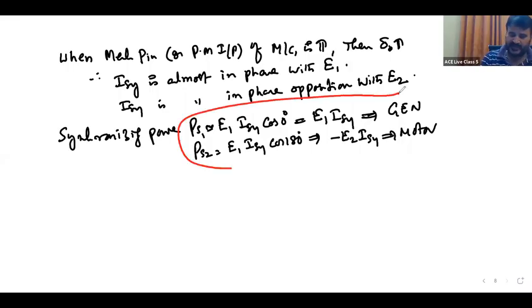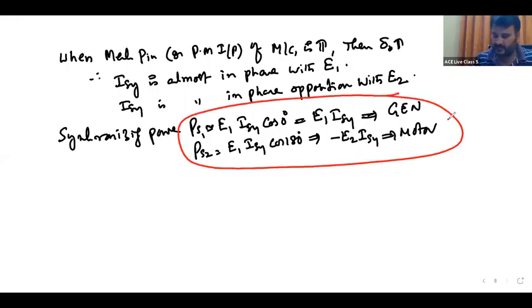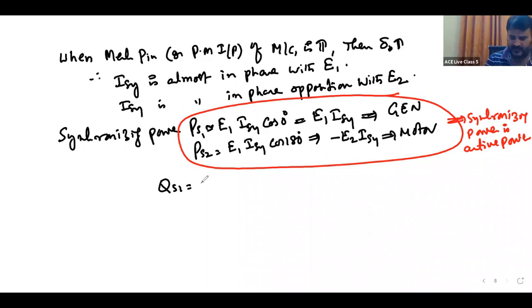But the synchronizing power is the active power. It is not reactive power. If you find QS1, it is equal to E1 into ISY sin 0. Sin 0 is equal to 0.